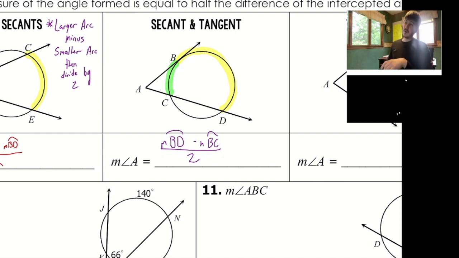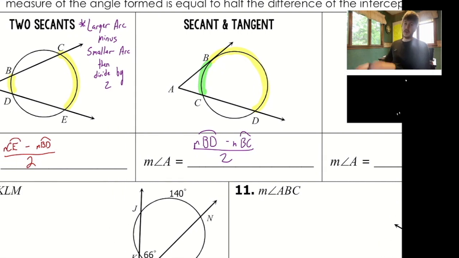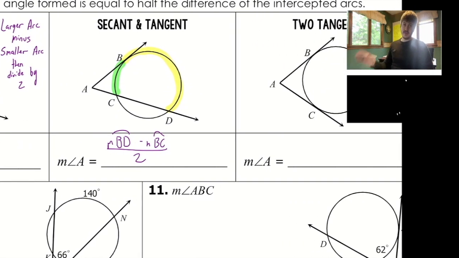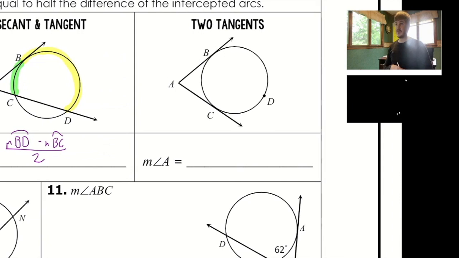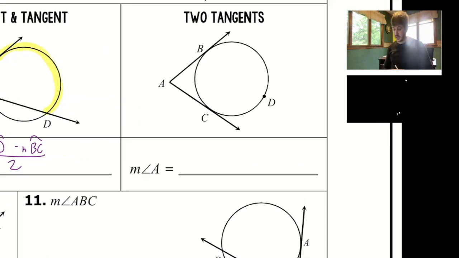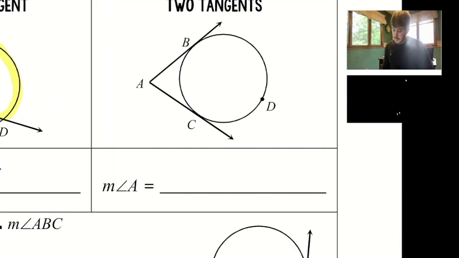And the last one's going to be the same exact thing. It's just each rule, one is just with 2 secants, one is a secant and 1 tangent, and then the last one is just 2 tangents. And 2 tangents is honestly probably a little bit easier because there's only 2 arcs in the circle. You can't even choose an incorrect arc. You have the big arc, you have the small arc, which constitutes the entire circle.